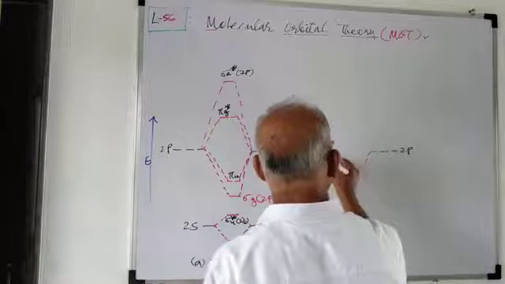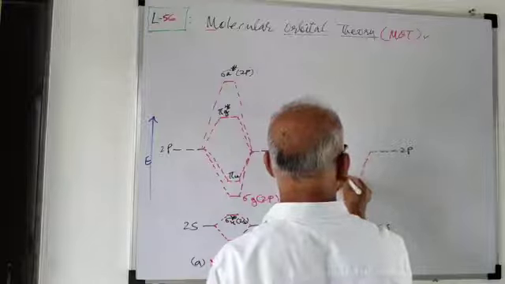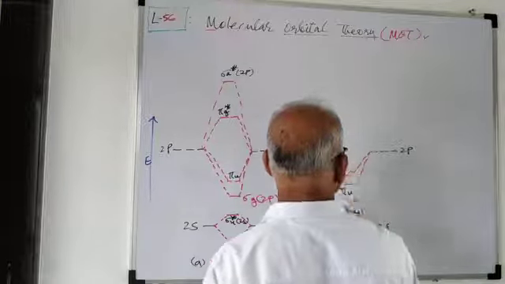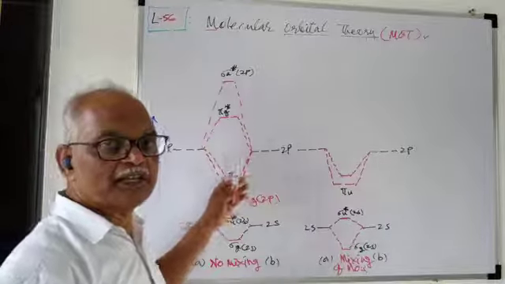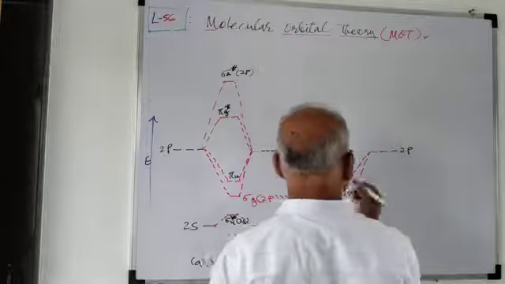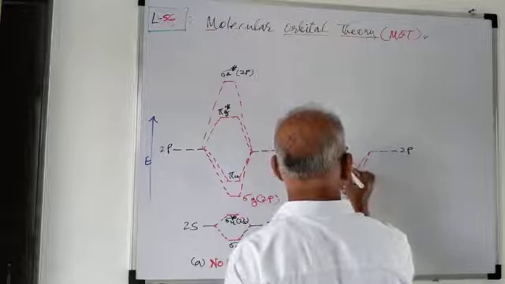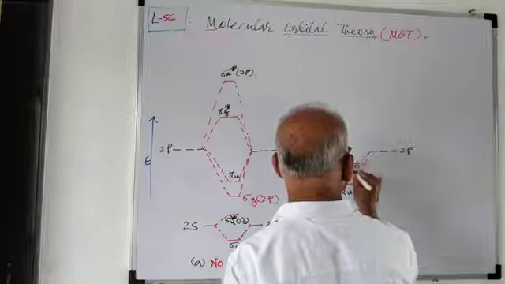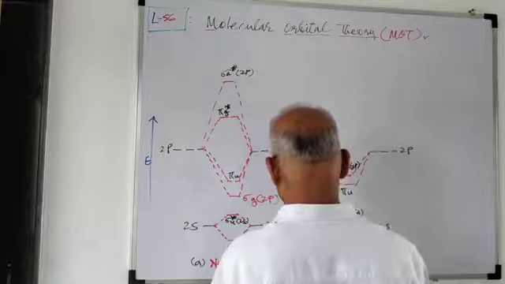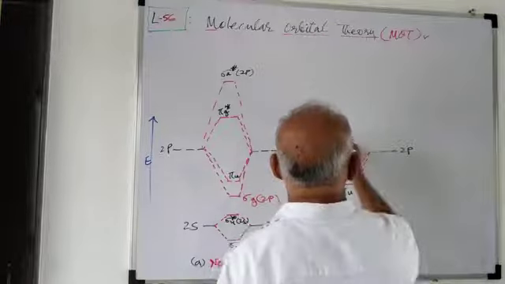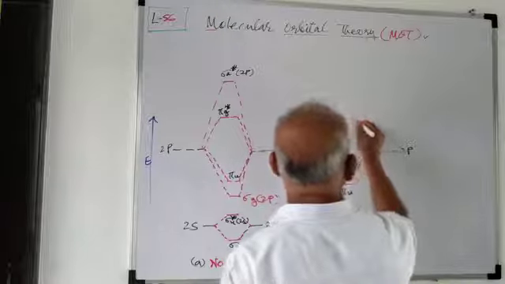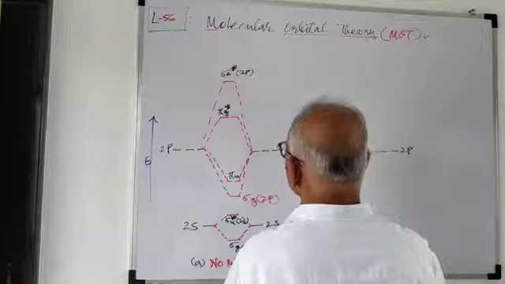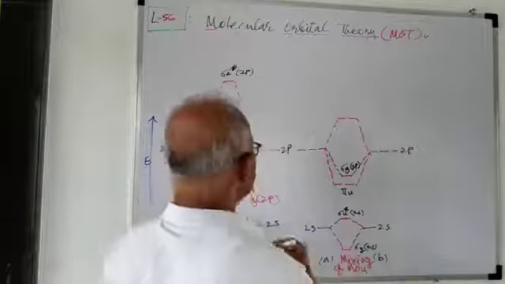Then you will find that as a result of this, the sigma g is moving in energy above pi u. So we will show here this sigma g of 2p. Then the pi antibonding molecular orbitals will remain at this same energy level. So this will remain at same energy.